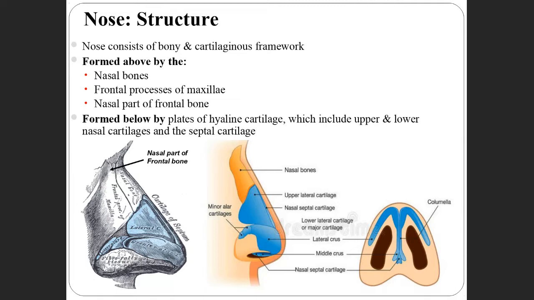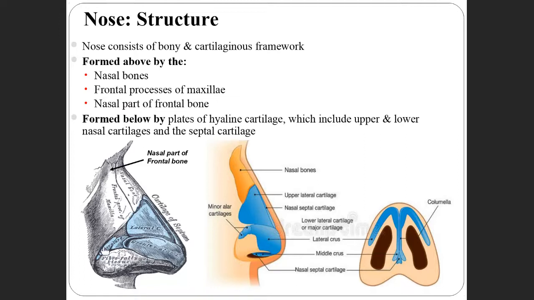Next, as we already discussed, the nose is partly bony and partly cartilaginous. What are the bones involved in the nose? As you already know, one is the nasal bone, and then the frontal process of the maxilla.